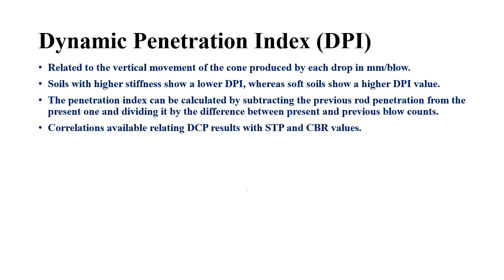Okay, so this is all about your dynamic cone penetration test, and only these three, the standard penetration test, static cone penetration test and dynamic cone penetration test, are the different penetration or sounding methods which we have covered in this module. So thank you all.